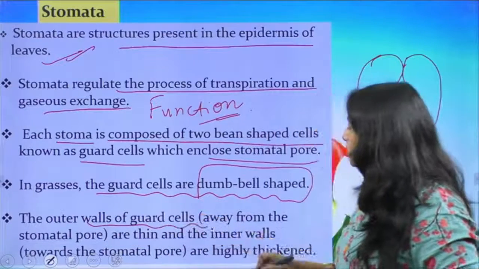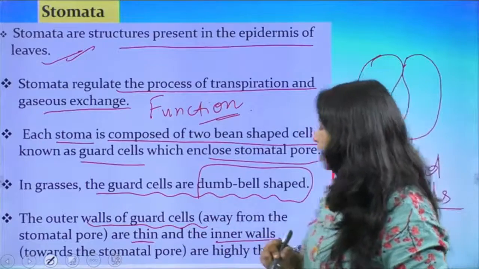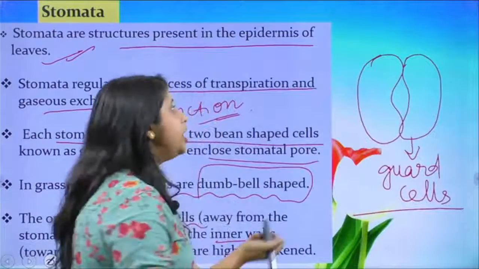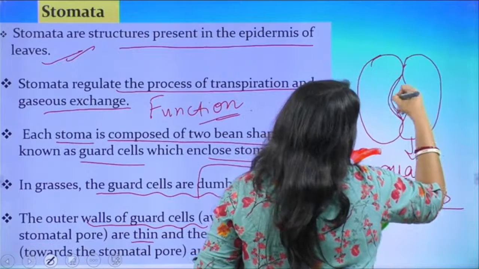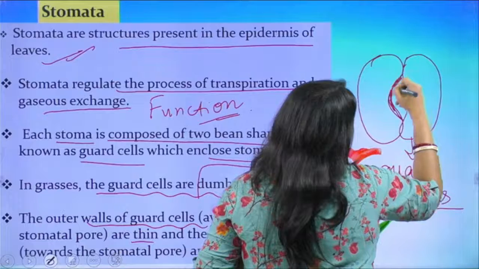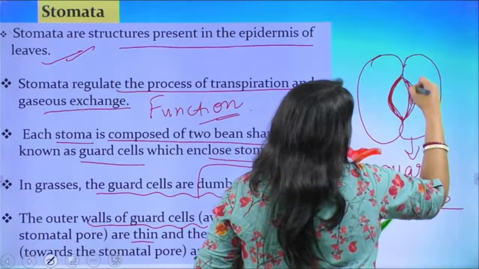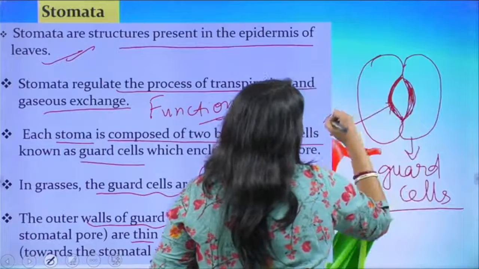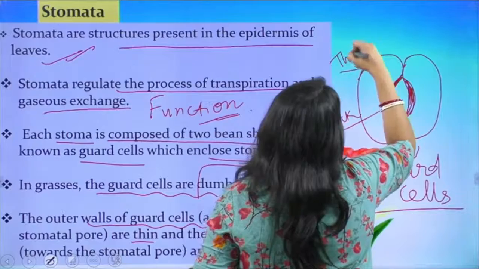The outer walls of the guard cells are thin, and the inner walls are highly thickened. So in the case of stomata, if this is the inner wall, the inner walls of the guard cells are thick, and the outer walls are thin.